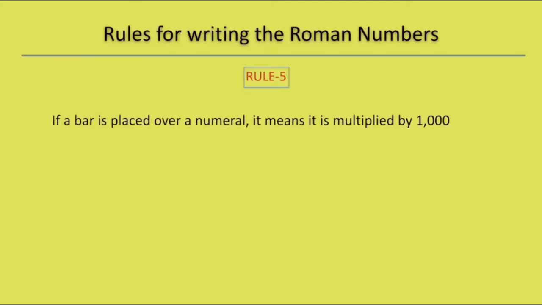Rule 5 is, if a bar is placed over a numeral, that value is multiplied by 1000. In this example, you are seeing a bar over V. That means V value 5 will be multiplied by 1000. Now you will get 5000.